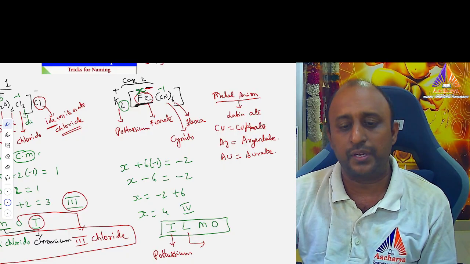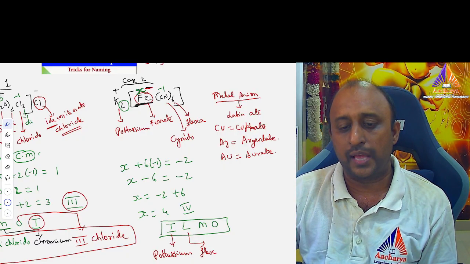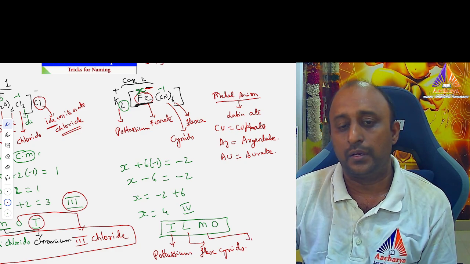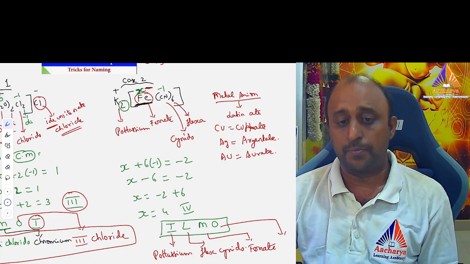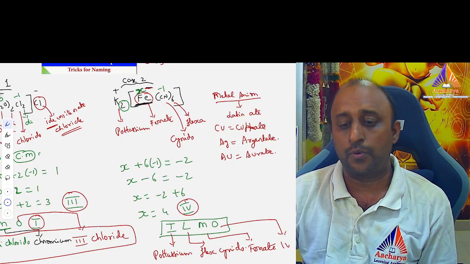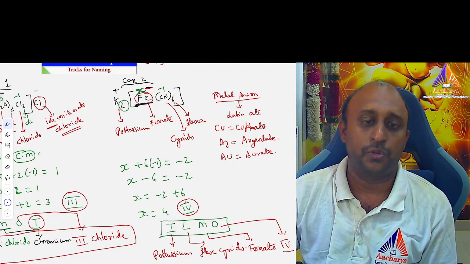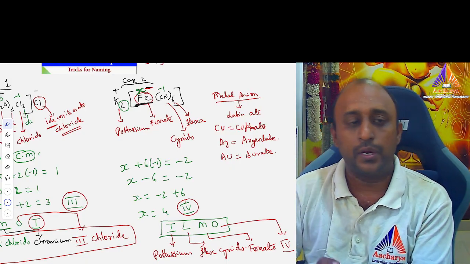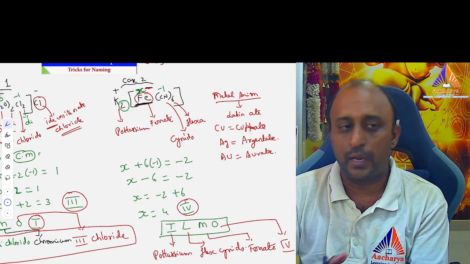Only one ligand is there, and that is called hexacyanido. We can write it down. Coming to the metal atom, it is ferrate, and then assign the oxidation number, whatever it is here, like Roman number 4. So this is the way we need to name for case 1 and case 2.